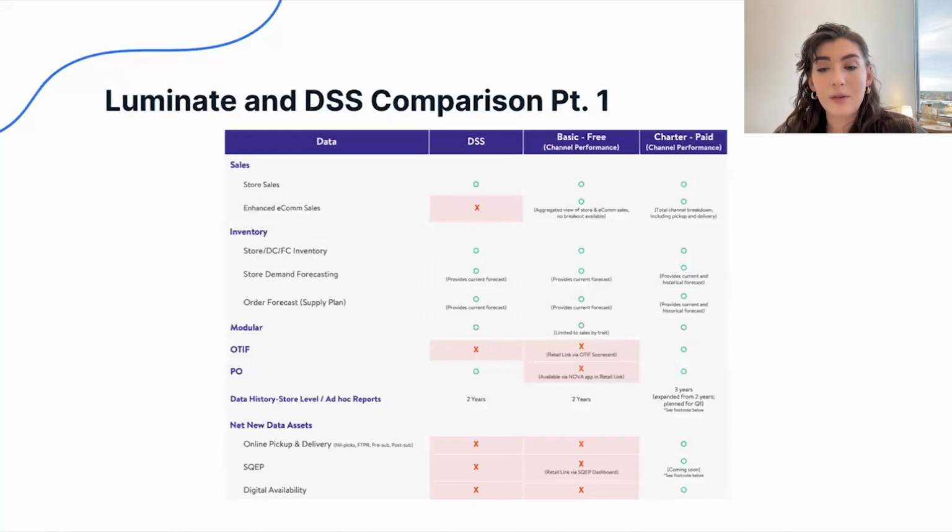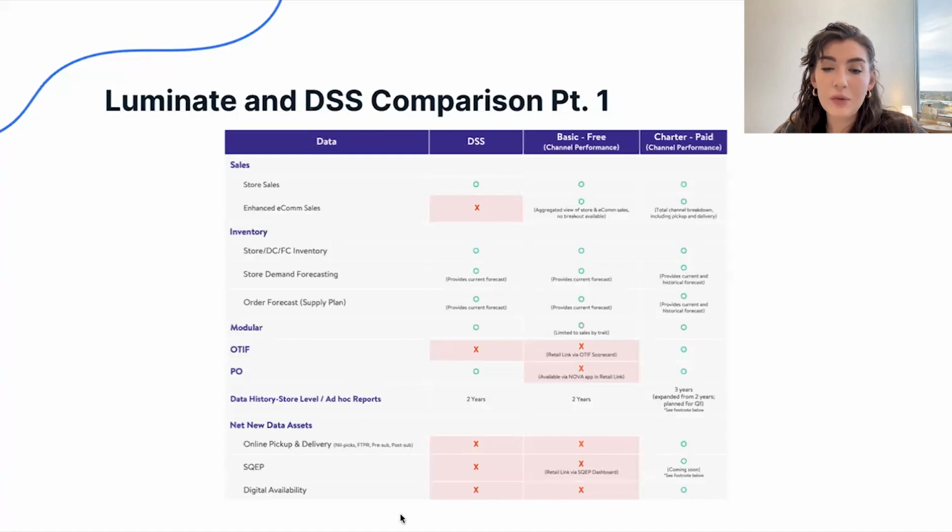So you can go onto some of the Luminate help docs and understand what features they're thinking about launching or what they're planning on integrating in 2024 or in the near future. And from what we have seen, unless this has changed in the past couple of days, PO data is not planned to be put into basic. So big call out and big change from going from DSS to Luminate.